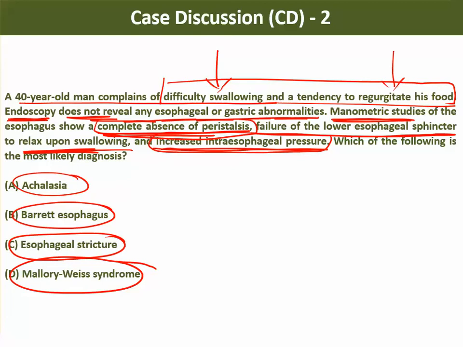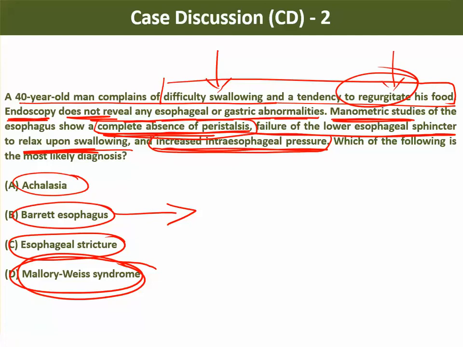Now within these 4 choices, two answers are very near and two are away. Barrett's esophagus is given only to confuse us with the regurgitation, and Mallory-Weiss syndrome is really a meaningless distractor here, because it is nowhere related to this.